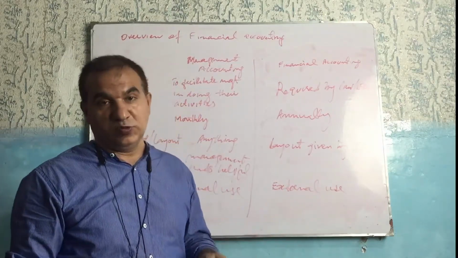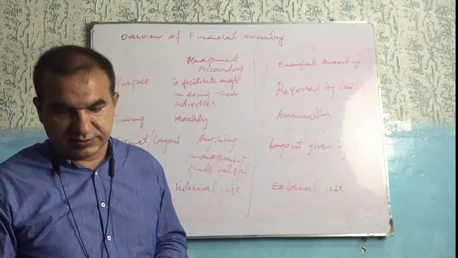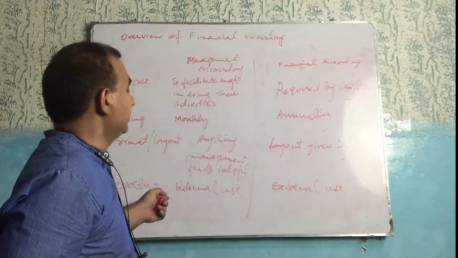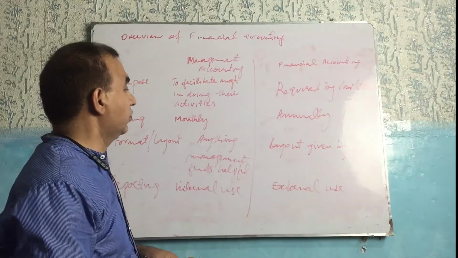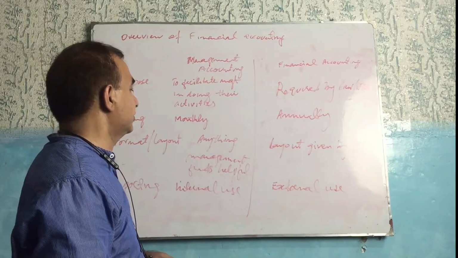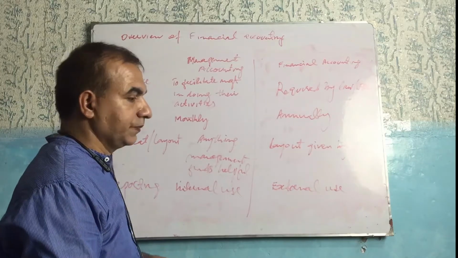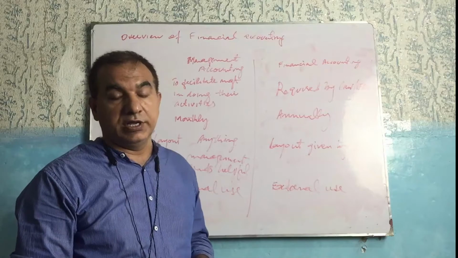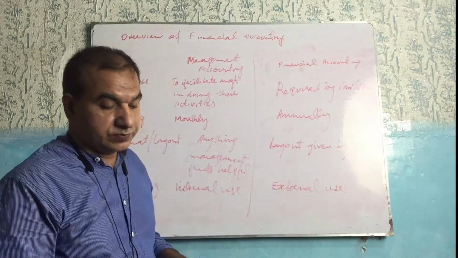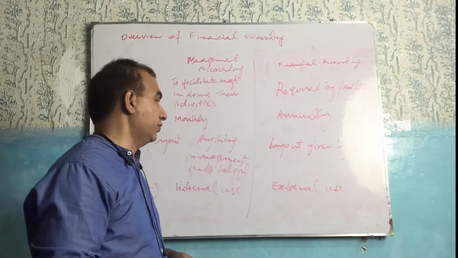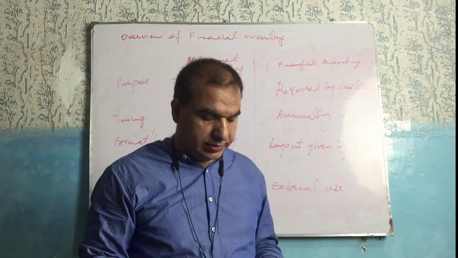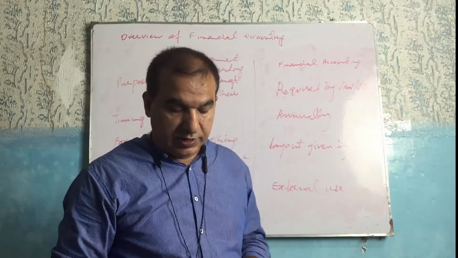We'll discuss that when we are doing management accounting, and that is another subject. So for the time being, in the next video we'll look at the external users and discuss in a little more detail. And if we get time, I'll discuss the types of entity and the elements of these financial reports. So thank you so much for watching this, and I am sure you will find it helpful.